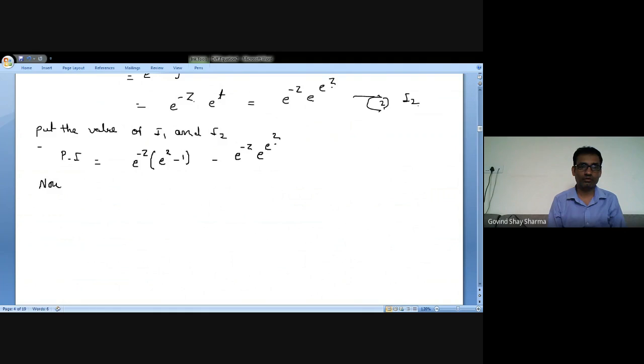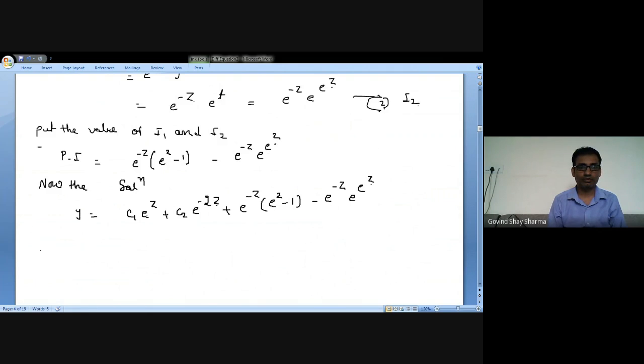Now the solution: y is equal to c1 e to power z plus c2 e to power minus 2z plus e to power z (e to power z minus 1) minus e to power minus z e to power z.